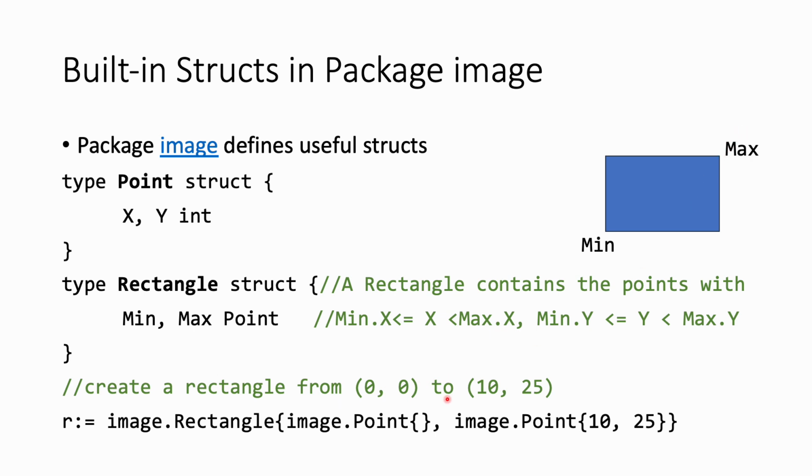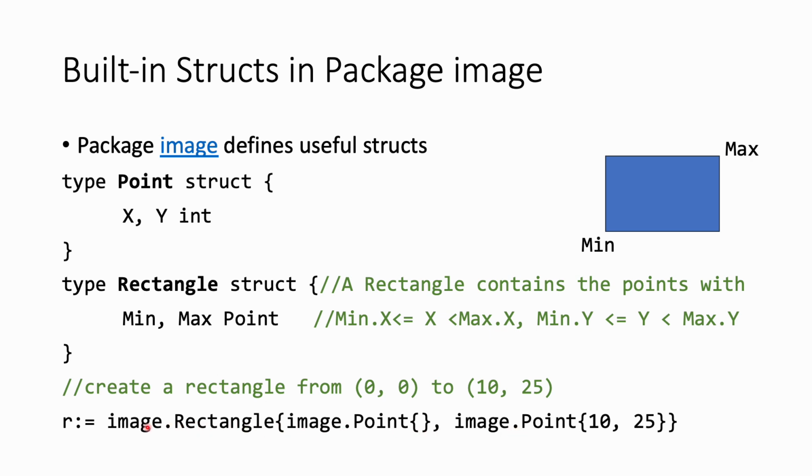For example, here we create a rectangle with the Min point having values 0, 0 and the Max point having values 10 for X and 25 for Y. Recall that since Rectangle and Point are defined in the package image instead of our old program, we have to write the package name and a dot before the struct name when we want to use these structs.